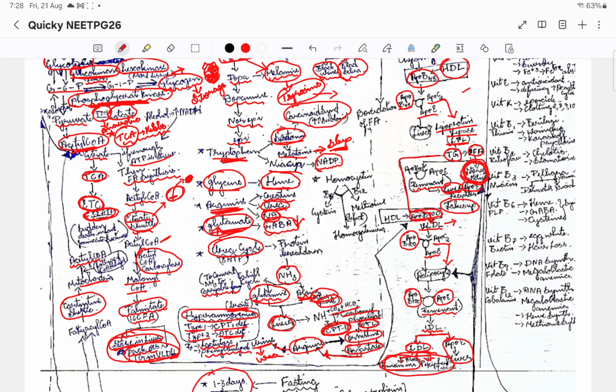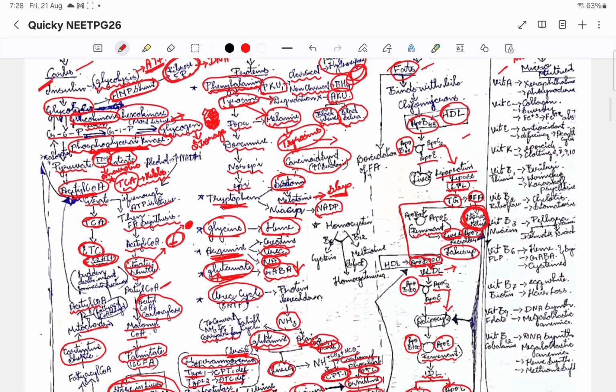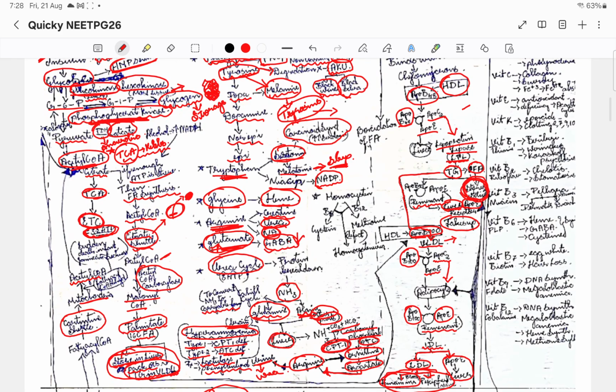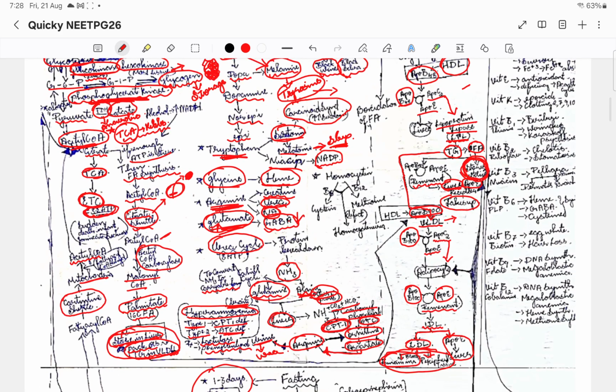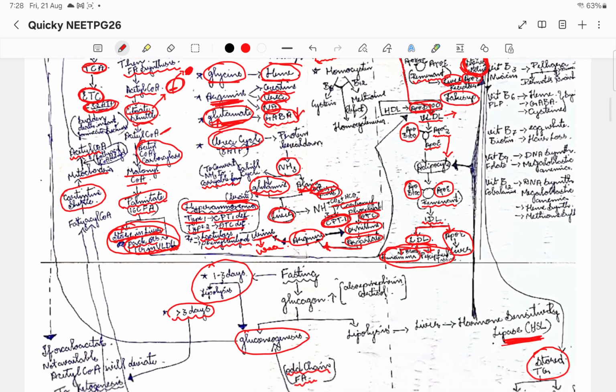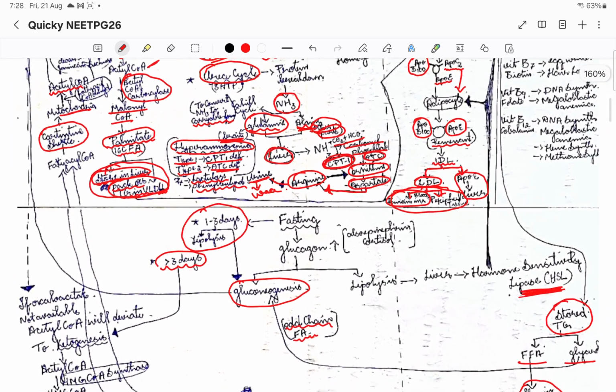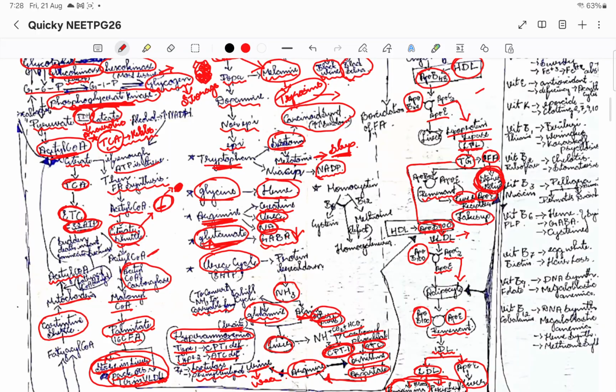I recommend fasting. Now let us see what happens after 3 days. For pyruvate to form into acetyl CoA and to get utilized as energy, we need something called oxaloacetate.